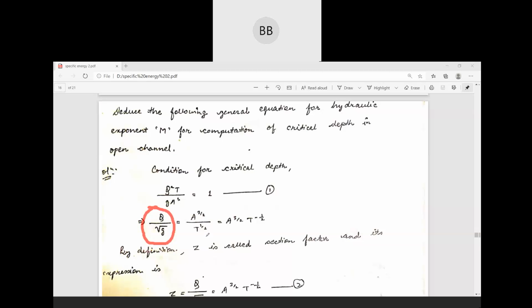Okay. So you can write like this also. As it's divided by, so you can write T to the power minus half also.